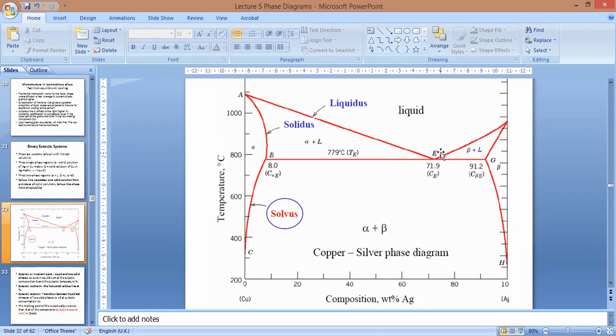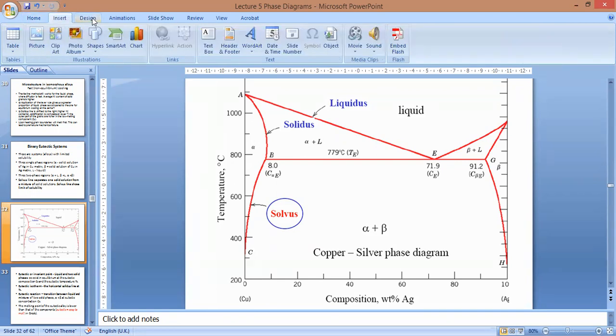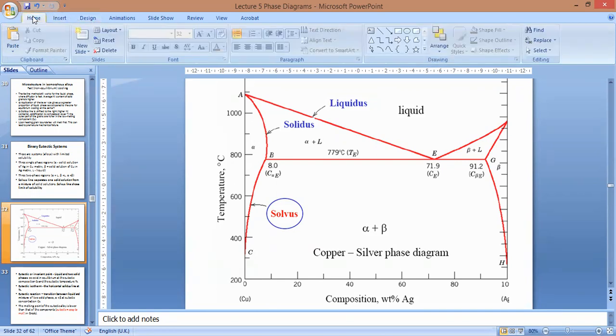Then this point E here is known as the eutectic point. So at this point, with a certain composition, when you draw a vertical line coming down, I think it should give us roughly 70 something, I say 70, 73% probably, or 72% silver.